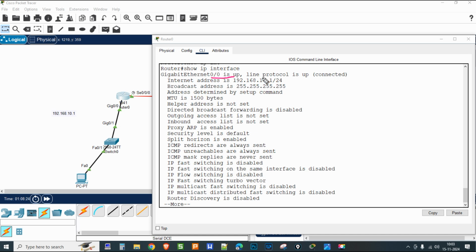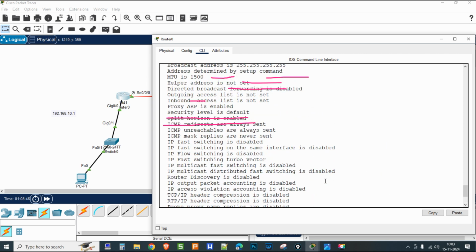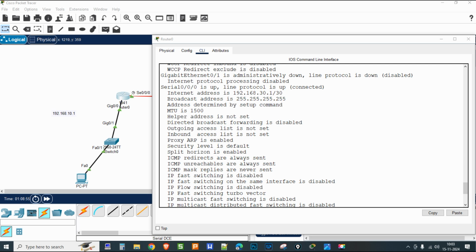Gigabit Ethernet 0/0 is up, line protocol is up, IP address, then broadcast address, MTU, maximum transmission unit. So there is no ACL between the ingoing interface and the outgoing interface. Here the maximum transmission unit is 1500.